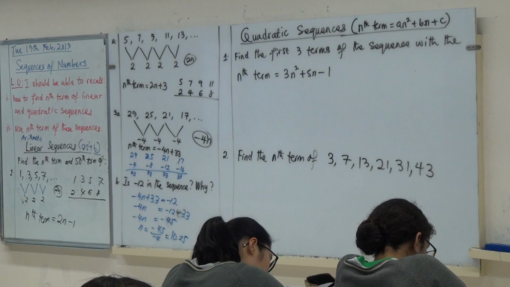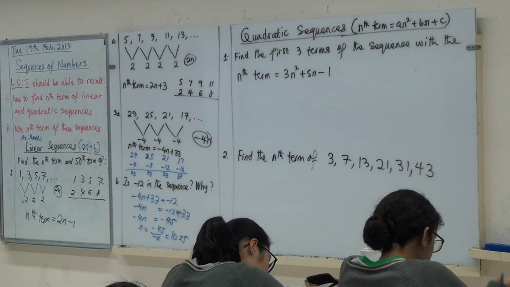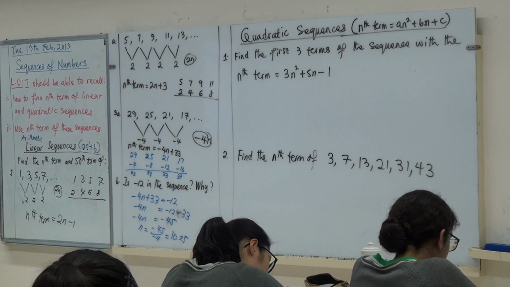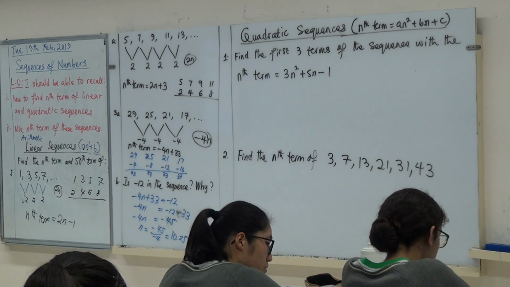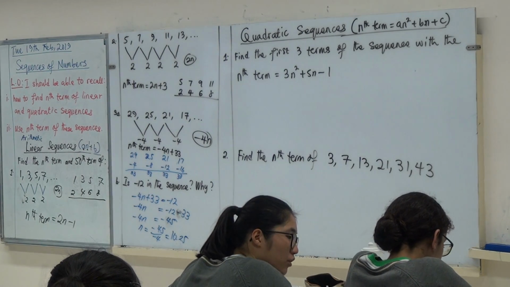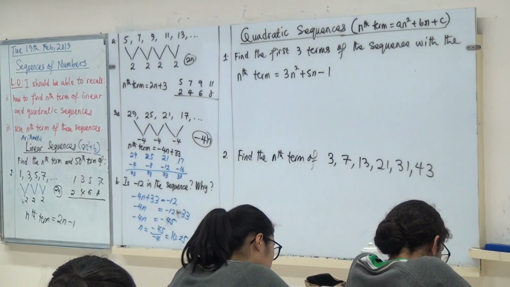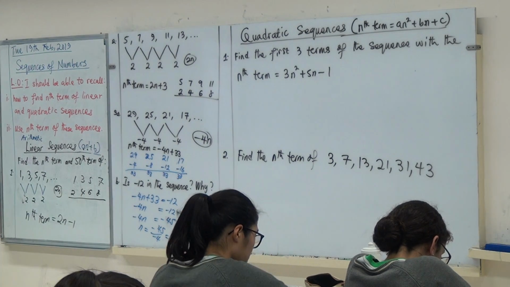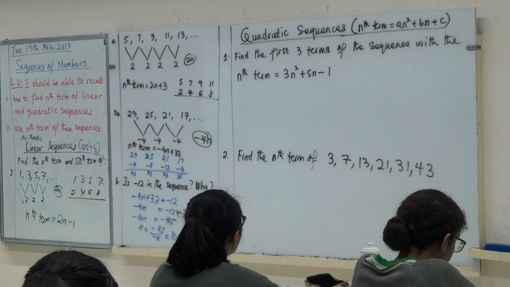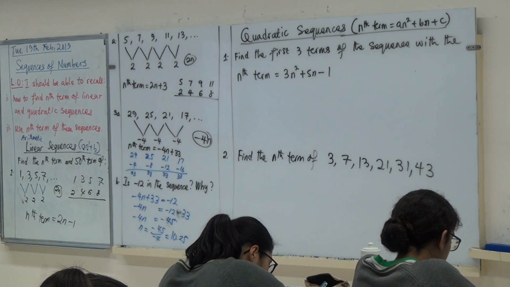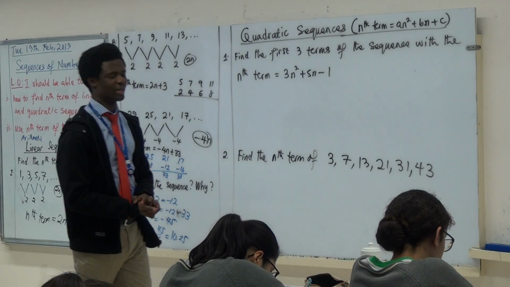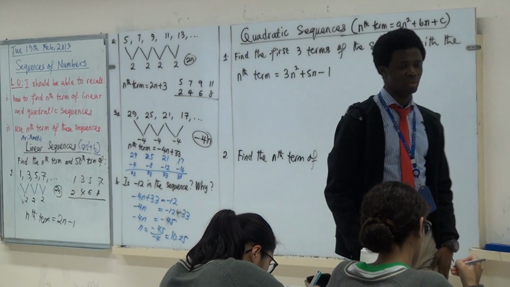No. Position starts from 1. It's like saying, oh, we rank all the largest economies in the world, and the country is in the 0 position. That doesn't make sense, does it? All right. So work out the first 3 terms of the first one, and for the second one, try to find the n term.